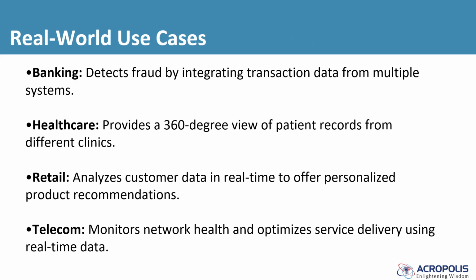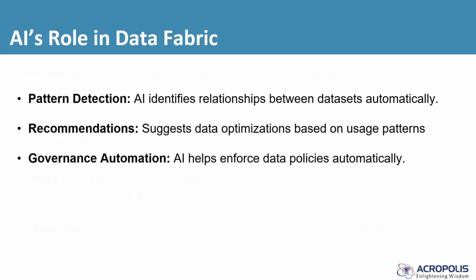Banking detects fraud by integrating transaction data from multiple systems. Healthcare provides a 360-degree view of patient records from different clinics. Retail analyzes customer data in real time to offer personalized product recommendations. Telecom monitors network health and optimizes service delivery using real-time data.